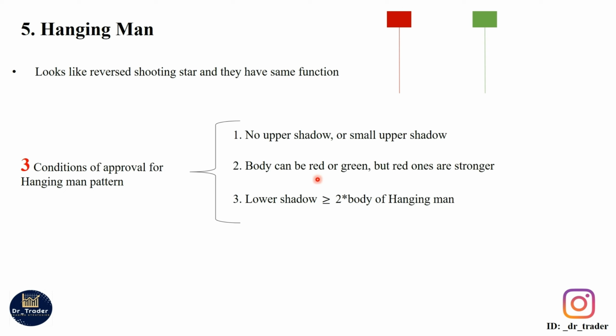And also body can be red or green. It is not so important, but the red ones are stronger. And also the lower shadow should be more than two times of body of hanging man candlestick. These three conditions are so important, and when we see this pattern in the chart, we should check these three conditions to get approved.